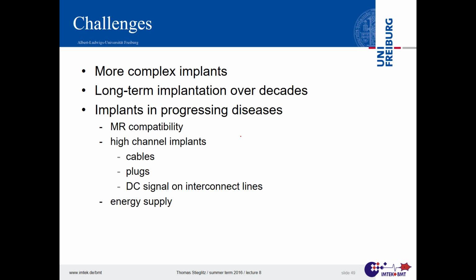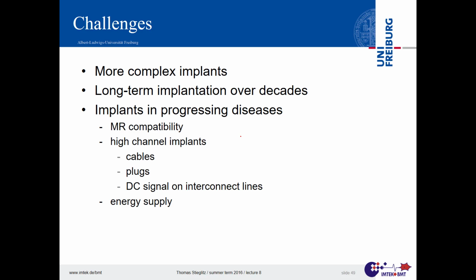What's still open is the question about high channel cables and high channel connectors and plugs. If you say, let's make it all wireless, a network of implants, we still have that challenge if this implant is in contact with the nervous system over an electrical modality, that we need some feed-throughs, and the feed-throughs have to be connected to your array or whatever.